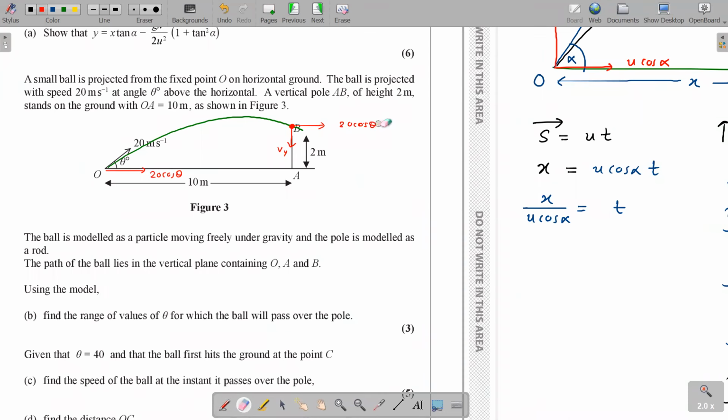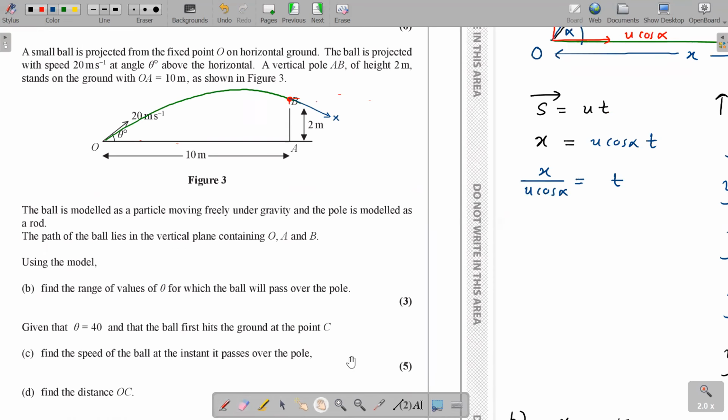I will go ahead with the conservation of energy method because that directly gives me the speed. Otherwise, I have to find Vx, Vy and square root it to find the speed. They're asking us to find the speed. So when I use conservation of energy, I immediately get the speed. Let's say the speed is x. So let's use conservation of energy at C.